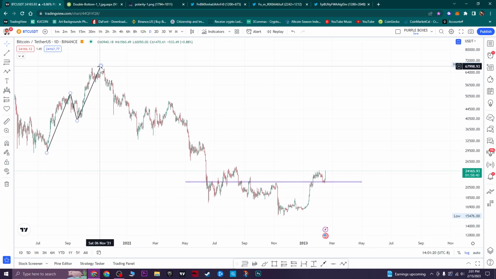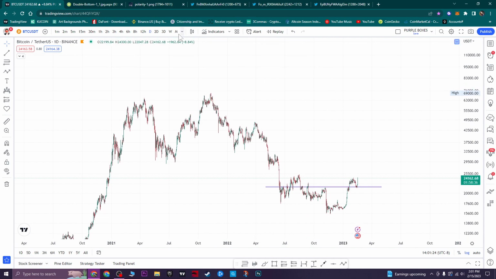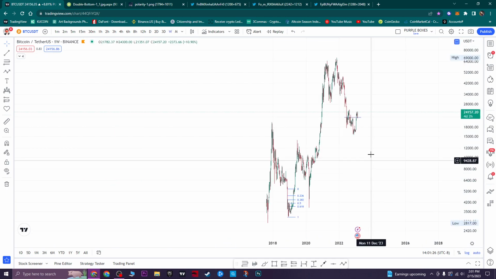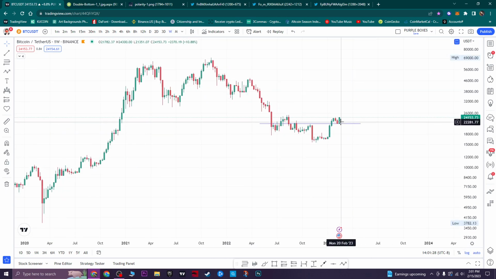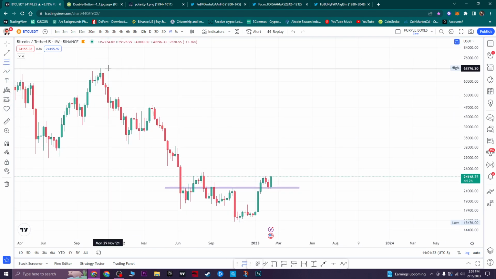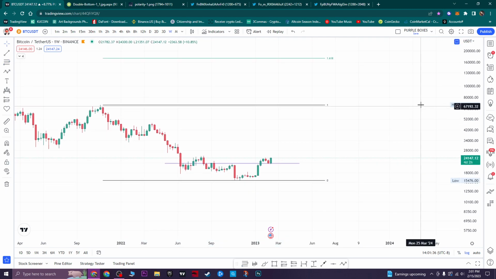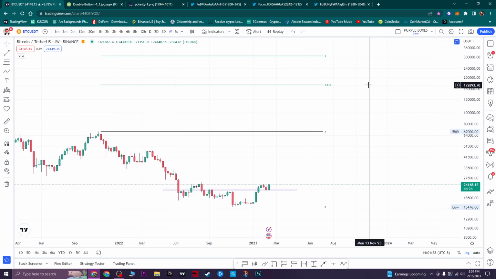If we can speculate on the price of Bitcoin, using the Fibonacci tool again, let's go use the weekly chart so we can see more clearly. Okay, so from the top to the bottom, the 1.6 level is at around 170,000, 172,000.